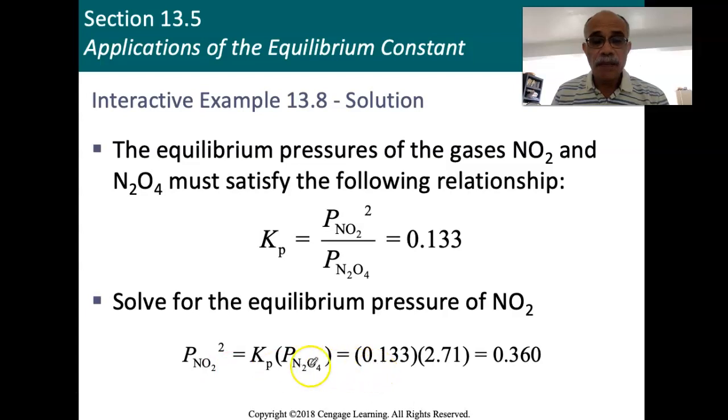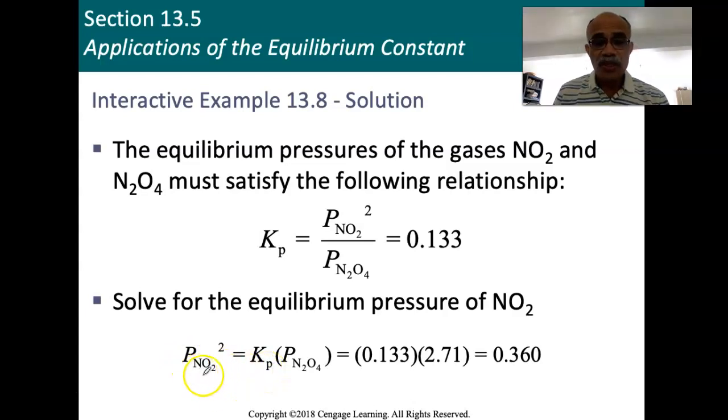So here it is. The pressure of N2O4 is 2.71, and this is the equilibrium constant using pressure, and then you can solve for the pressure of nitrogen dioxide.